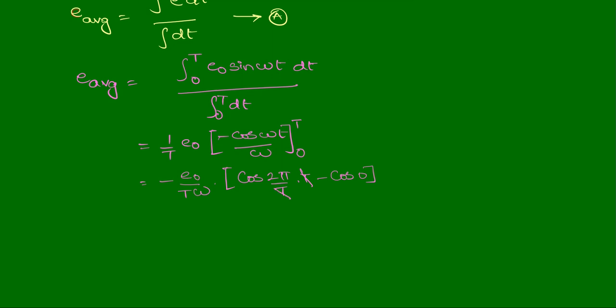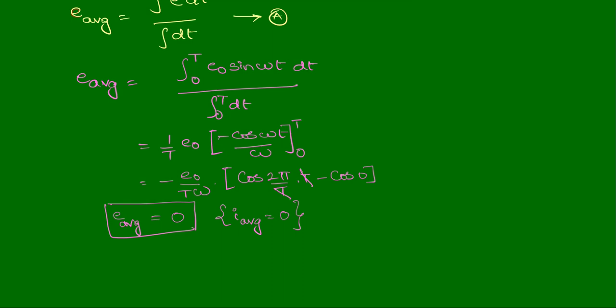Cos 360 is 1, cos 0 is also 1. So E average over a complete cycle is 0. The same is true for currents also: the average value of AC over a complete cycle is 0.